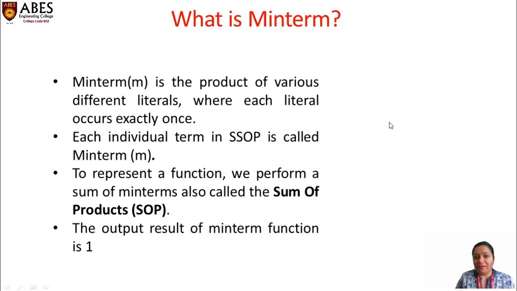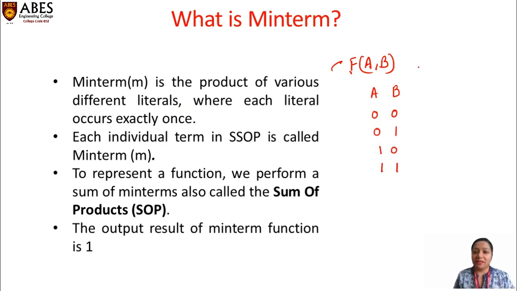Suppose we have a function of only two variables. These two variables are also called literals. The possible values can be 0 0, 0 1, 1 0, and 1 1. Now, how can we represent this in the form of min terms?